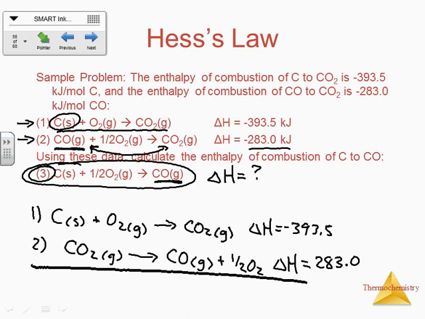Now when I add these two equations together, it should give me equation number 3. Now let's see if that's right. My carbon dioxides are going to cancel out here. There's one of each on each side. And this 1/2 O2 over here is going to cancel half of my moles of O2, and then I'm going to end up with a 1/2 over here. Okay?